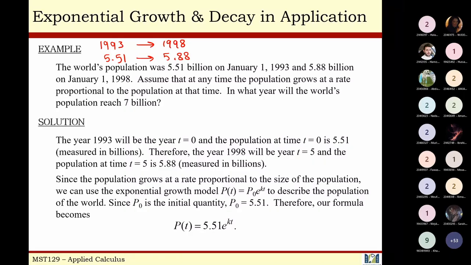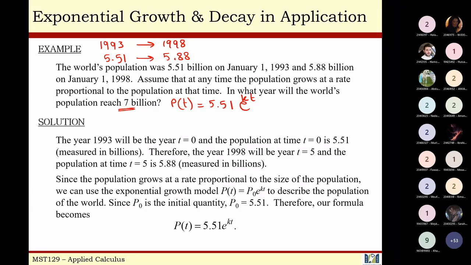The population P of t equals the initial, which in this example is 5.51, times e to the power kt. So we need to find at what year, or after how many years, the population reaches 7 billion.